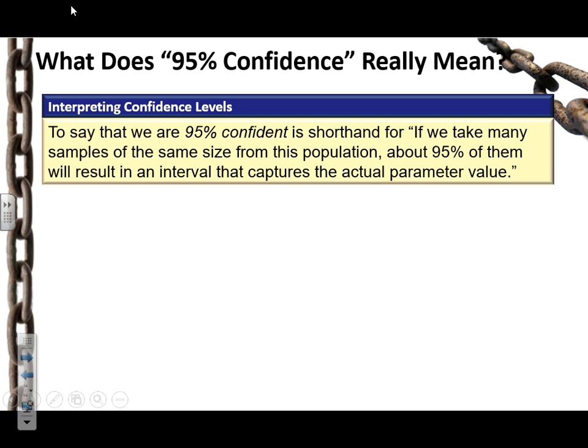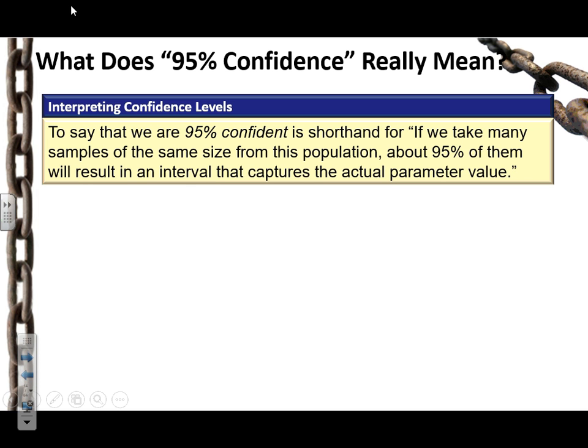That confidence level tells us how confident we can be that we actually have. So when you interpret confidence level, 95% confident means if we take many samples of a certain size from our given population, about 95% of them will give us an interval that captures the true value.